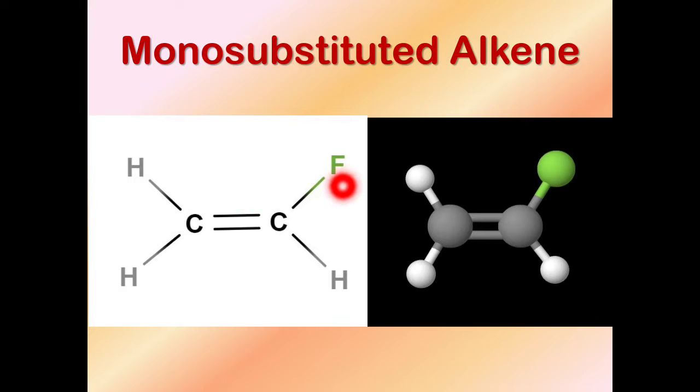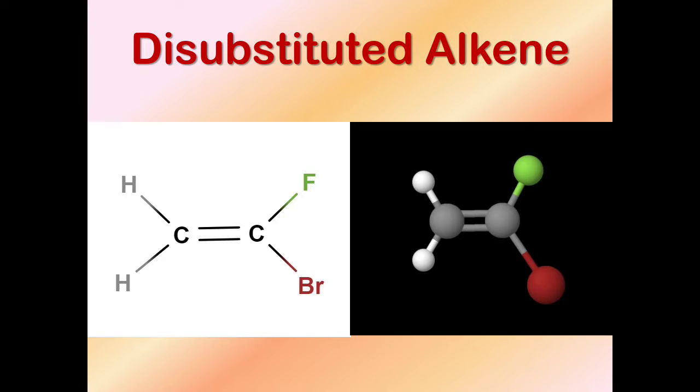So here in this example you can see I have replaced this. Previously it was a hydrogen, I have replaced that hydrogen with a fluorine atom. So that's why it is called a monosubstituted alkene, and this is how it will look in a ball and stick model. Disubstituted alkene: 2 hydrogens of the alkene molecule are replaced by 2 different groups, that is fluorine and bromine.